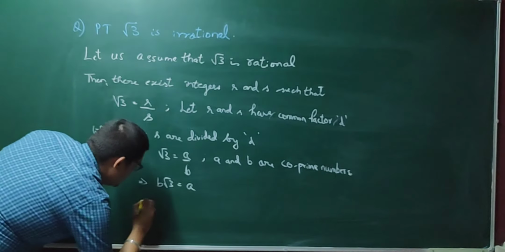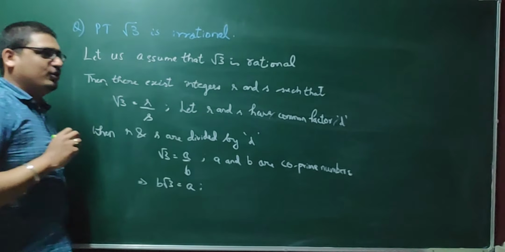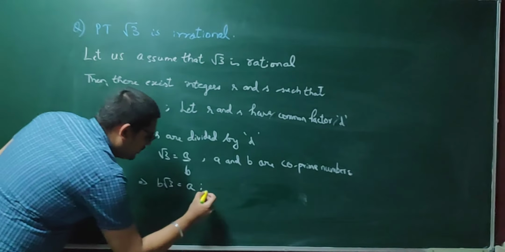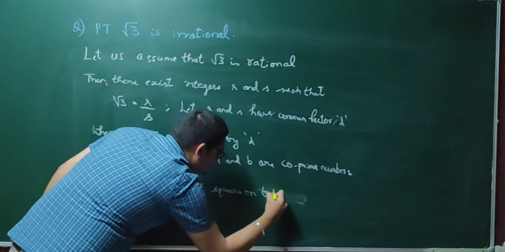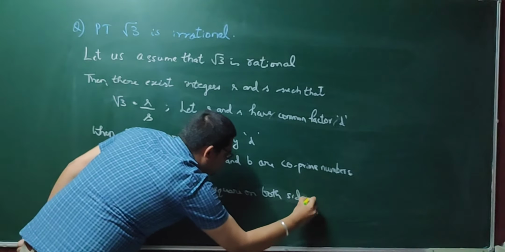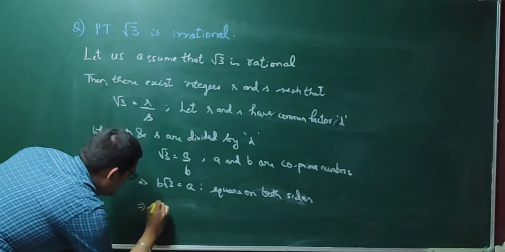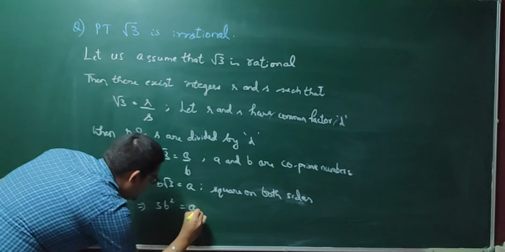So further, what should I do next? Square on both sides. So what do I get? 3b square is equal to a square.